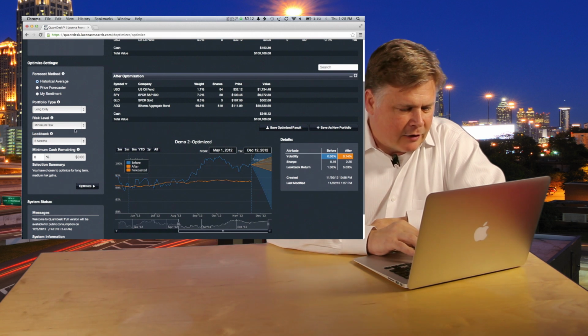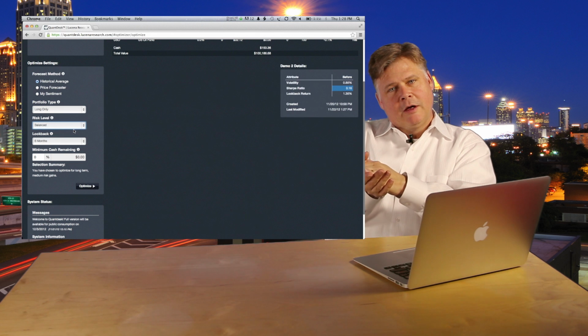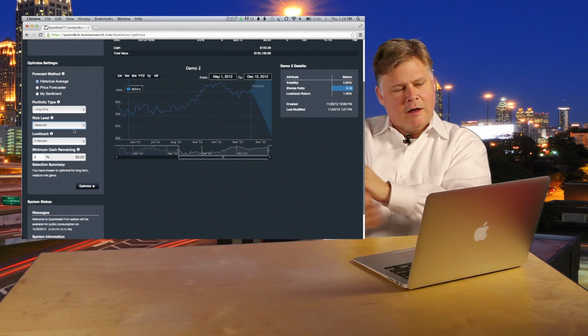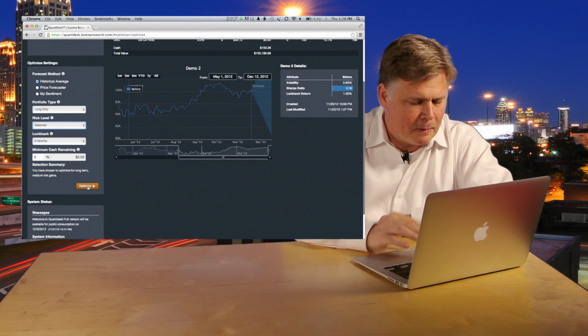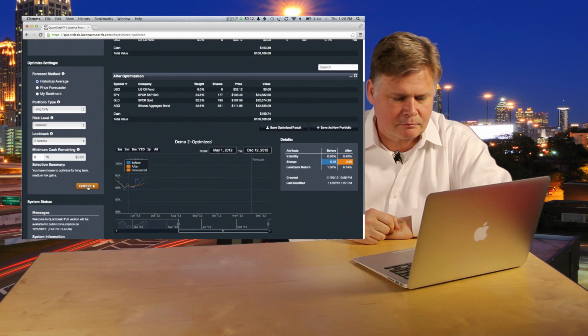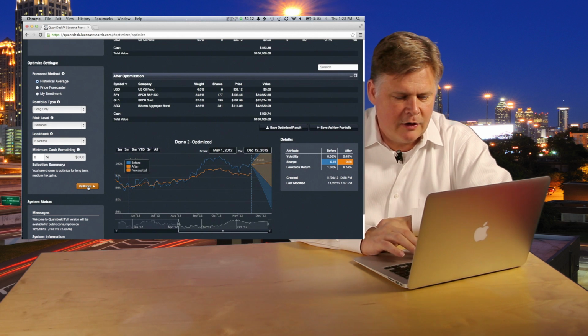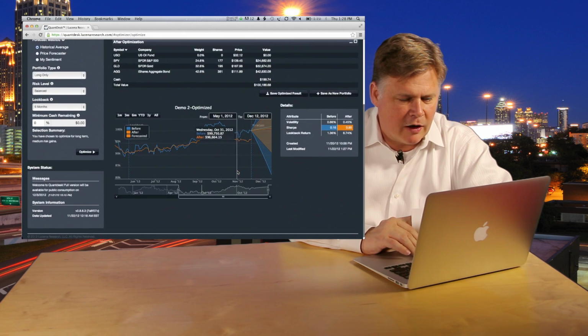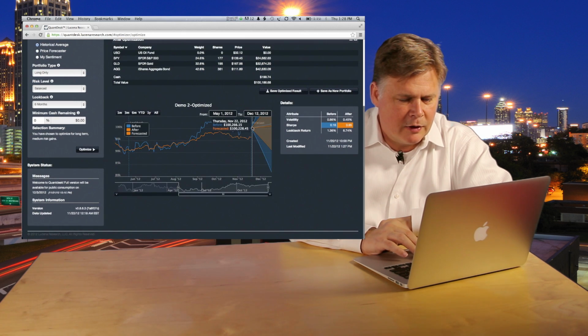Okay, now let's try balanced optimization, where we're asking it to find a balance between maximum return and minimum volatility. Okay, so this is the balanced portfolio, and look, it is indeed much less volatile than our original portfolio.